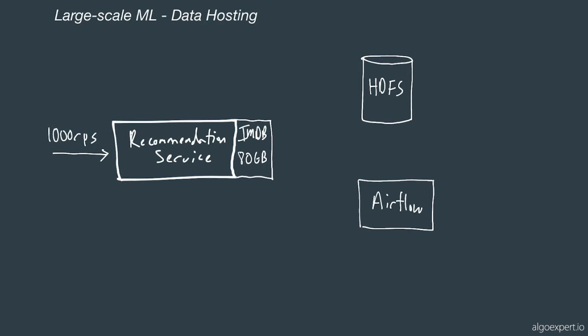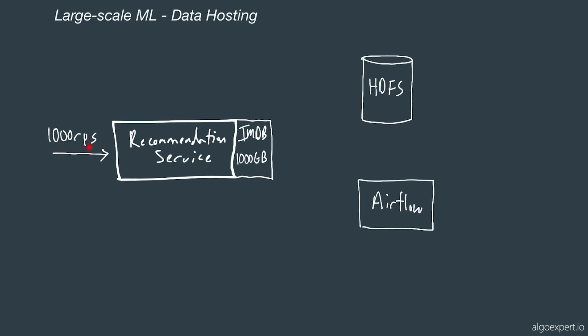However, let's say that we're now getting 1,000 requests per second, and now let's say our model requires more features as well. So now we have to worry about horizontally scaling and adding more hosts for the requests, and perhaps even if we get more features needed, so now let's say we need 1 terabyte of in-memory database storage, this can become prohibitively expensive to maintain such vertically scaled machines.